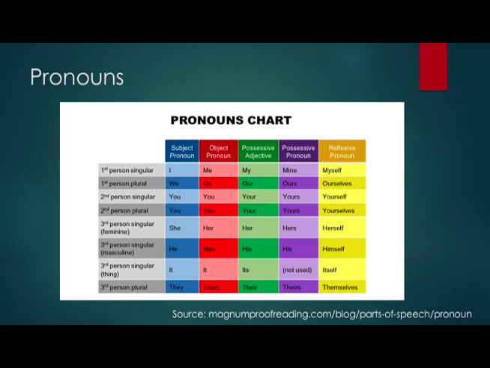The subject pronoun is, as I mentioned earlier, in the nominative case. First person singular is "I." Second person singular, "you," is when we talk to one person. Third person singular, we have "she," "he," and "it," so we're talking in the third person about a female, a male, or an inanimate object.